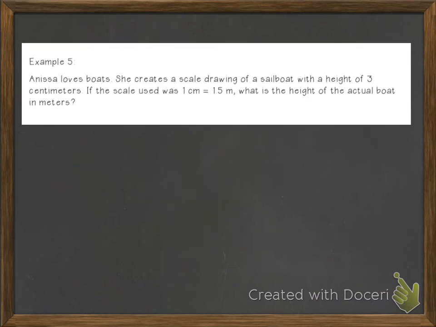Okay, last example. Anissa loves boats, and she creates a scale drawing of a boat with a height of 3 centimeters. So we know Anissa's boat has this height of 3 centimeters. If the scale she used was 1 centimeter equals 1.5 meters, what is the height of the actual boat in meters?